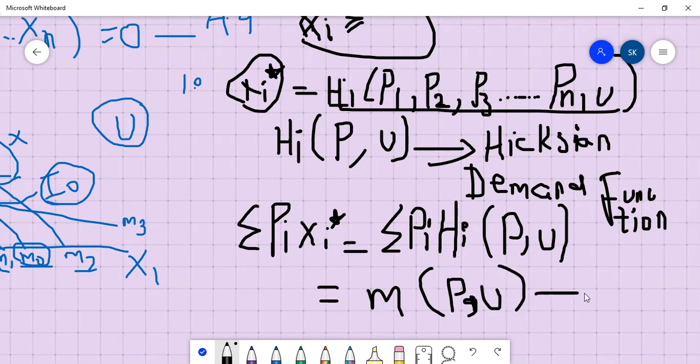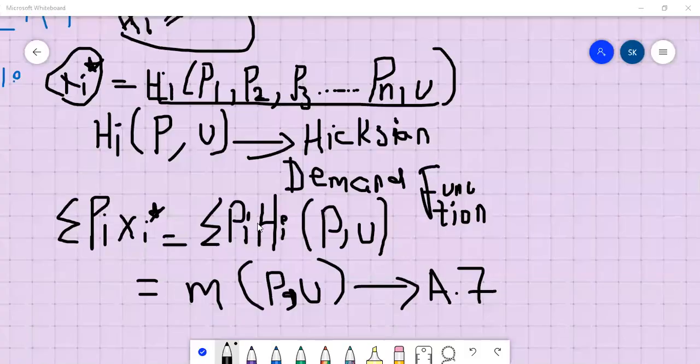Now let us name this equation A.7. This function, M of Pu, is the expenditure function, which shows the minimum level of expenditure needed to achieve a certain level of utility.